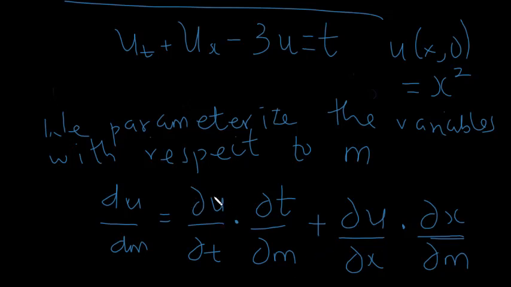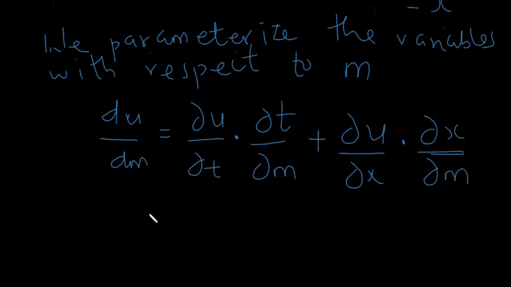So if that's what we have, we know ∂u/∂t to be u subscript t, differentiating your u with respect to t. And this actually is your coefficient of the derivative of u with respect to t, right? So it means your ∂t/∂m is going to be equal to 1, right?